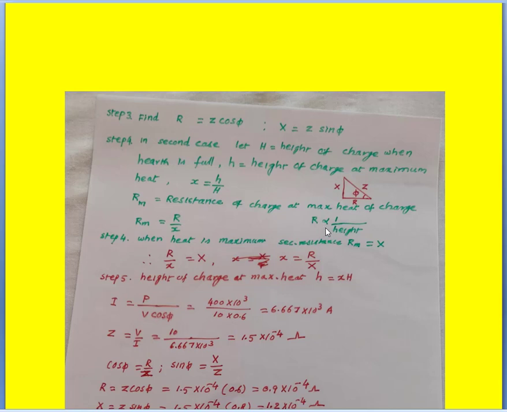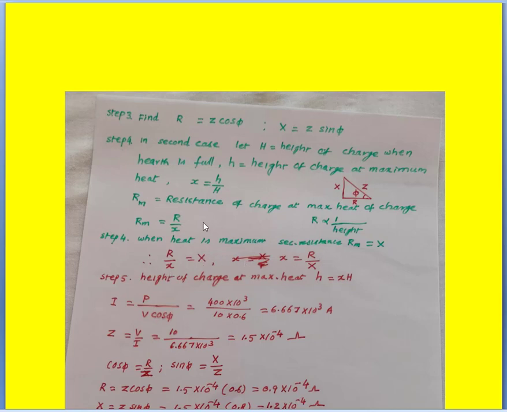So capital R is inversely proportional to 1 by height, which is already given. When the heat is maximum, the secondary resistance Rm is equal to X, since it is given in the statement that the reactance of the furnace remains the same. So corresponding to the maximum heat, Rm is equal to X.